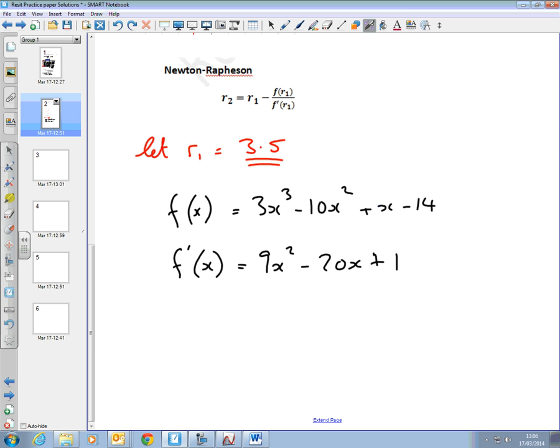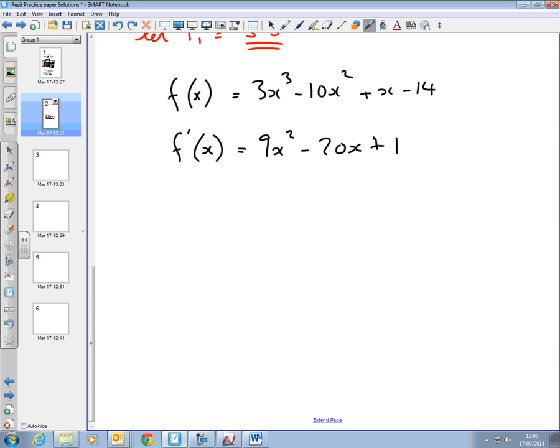So now, using Newton-Raphson, our next guess, if you like, the value for the root, is the original value minus the value of the function at our first guess divided by the value of the differential at our first guess. So let's put some numbers in.